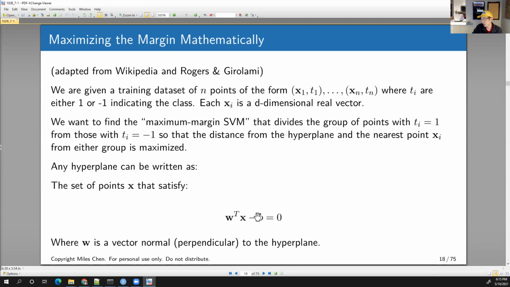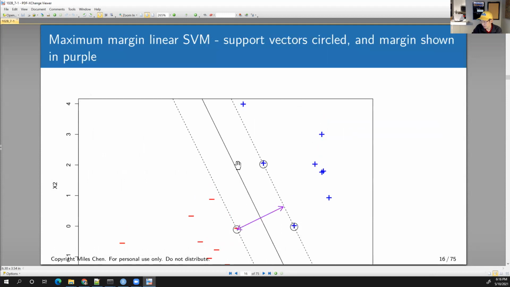You can think of it as you've got this vector W, which is perpendicular to this plane here, and when you take your x1 and x2 coordinates and multiply W by x1 and x2, it's going to form a constant.